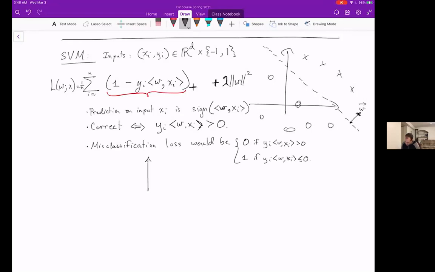So if you were to plot yi times W xi, the true misclassification error would look like this.